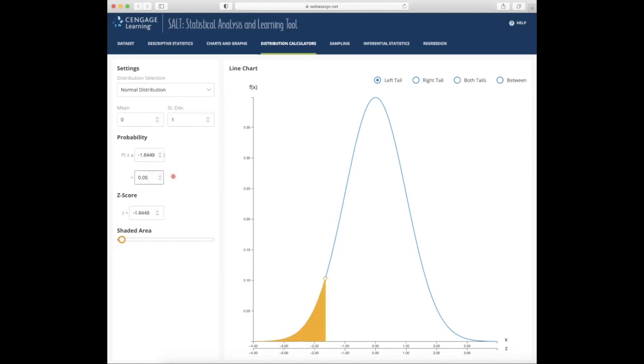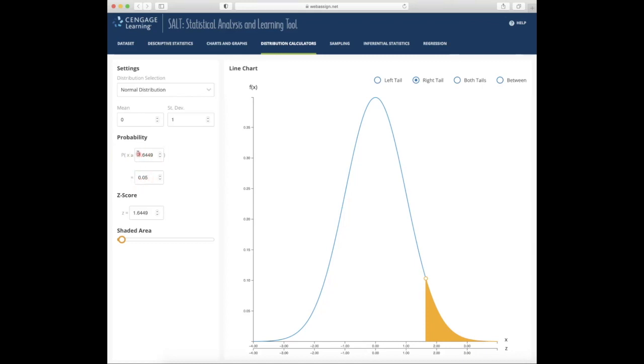I can make it 0.05, and it changes how it goes. Remember, we wanted the probability that x was greater, so we can swap to the right tail. If we swap to the right tail, the probability that x is greater than something is equal to 0.05.